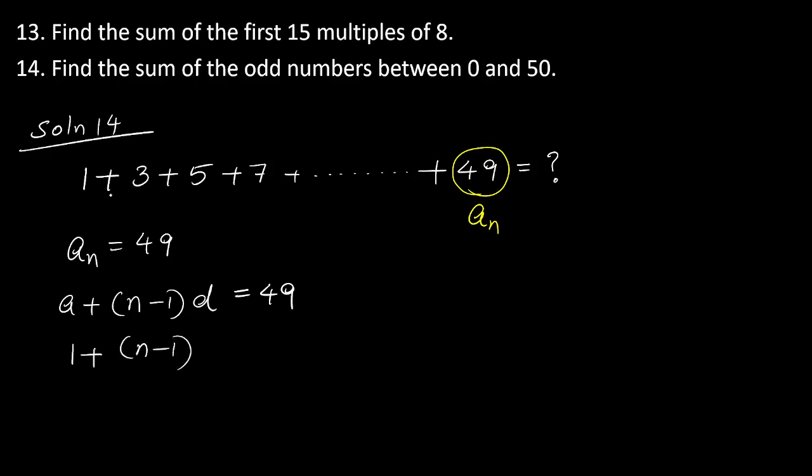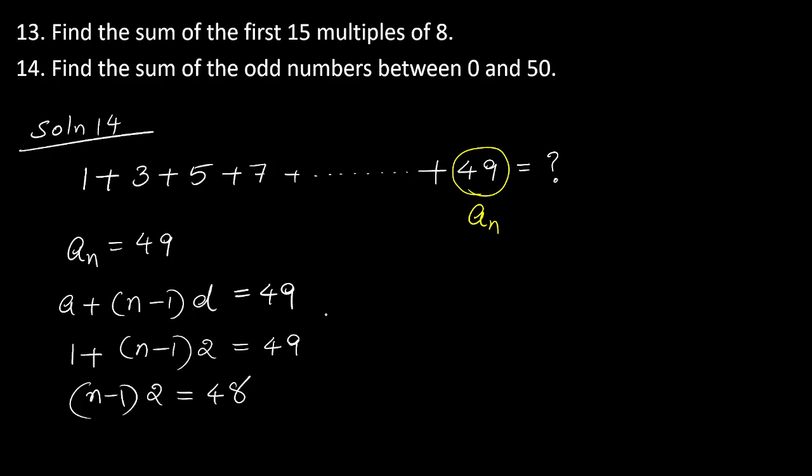Common difference is 2. Look at this progression. Common difference is 2. 49. This 1 go to the other side. If you don't understand, please ask. This 1, can you see that? 1 go to the other side. N minus 1 into 2 equal to 48.